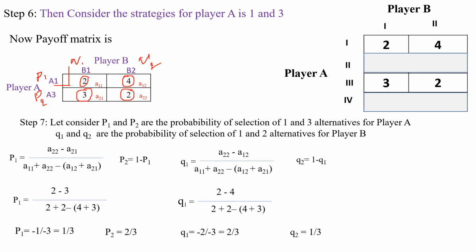Similarly, you have to substitute these A11, A12, A21 and A22 values. We will get the Q1 value as 2 by 3 and Q2 value as 1 by 3.